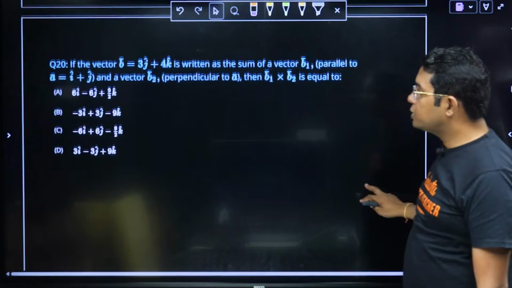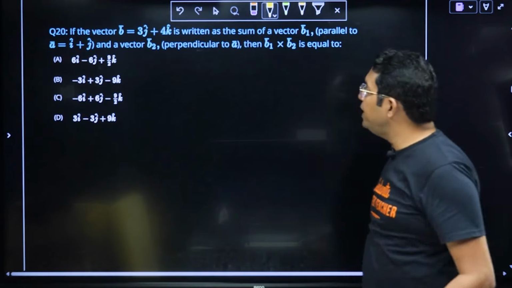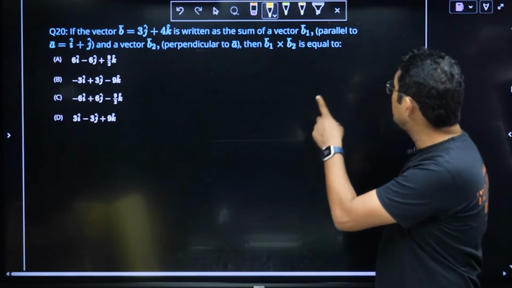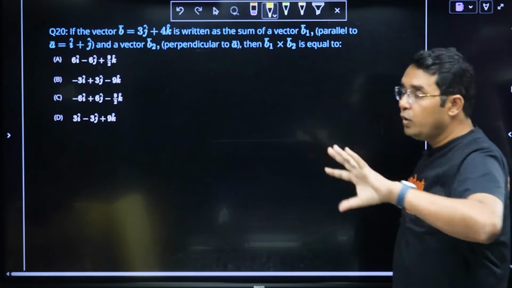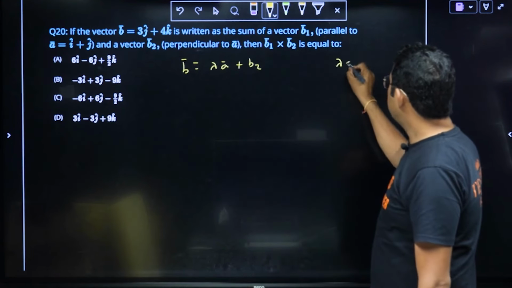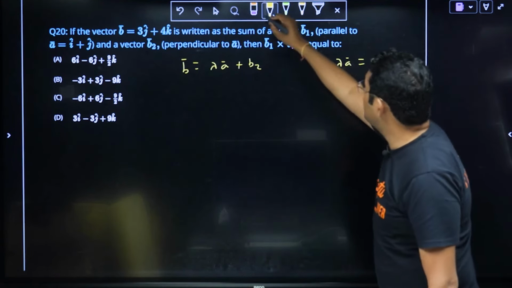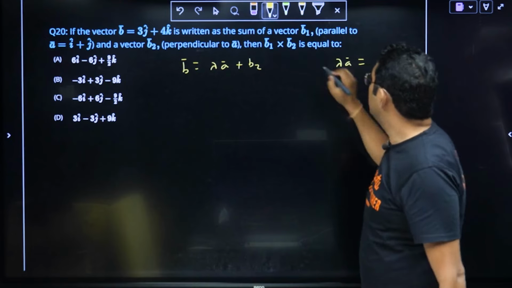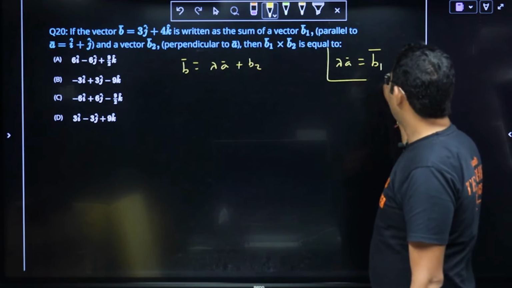Okay, coming to the next question, number 20. Here we are given B is written as sum of vector B1 and B2, where B1 is parallel to A and B2 is perpendicular to A. So what we can do, we can take B is equal to lambda A plus B2. Here lambda A is actually B1 because B1 is parallel to A, so I can take like this.